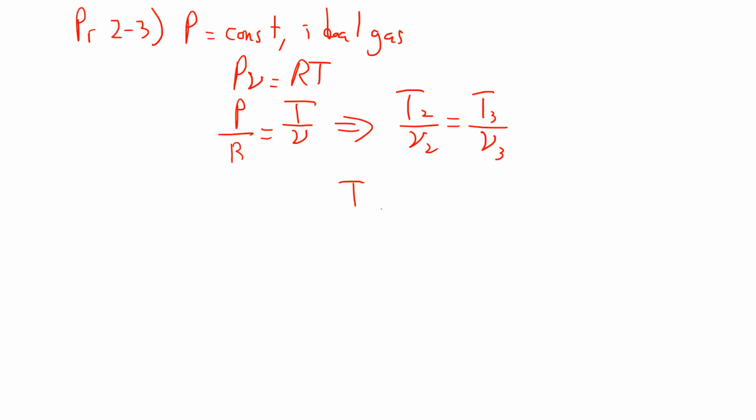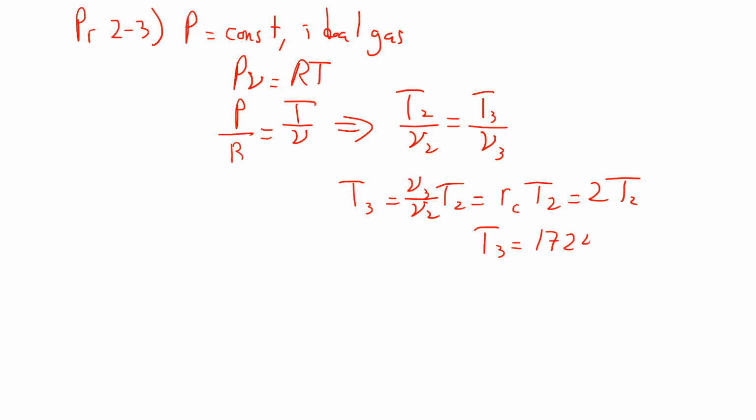And I can solve for T3, which is equal to v3 over v2 times T2. It just so happens that v3 over v2 is the cutoff ratio. So I can get that T3 equals 1,724.8 Kelvin, which happens to be what part A of the problem is asking for.